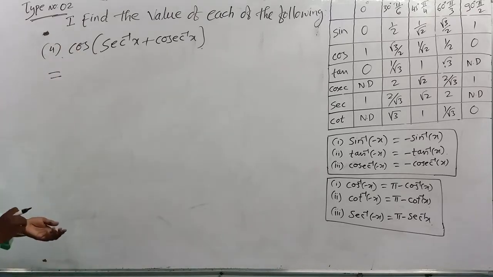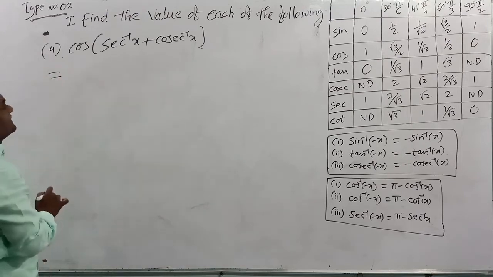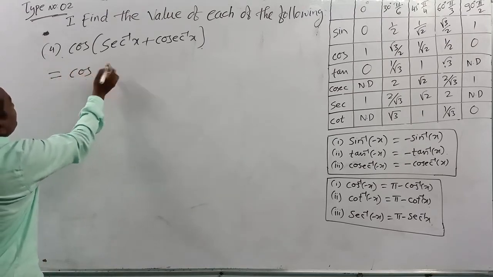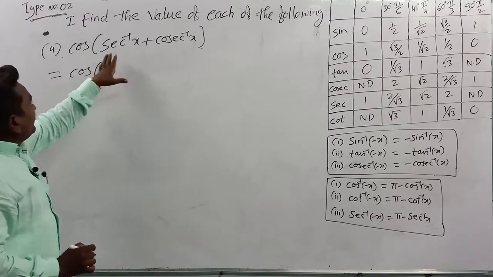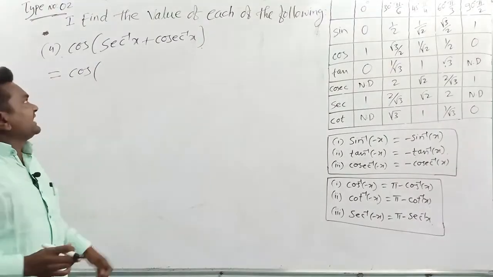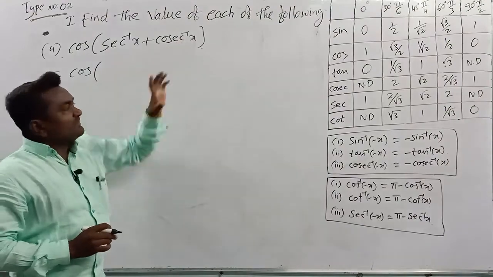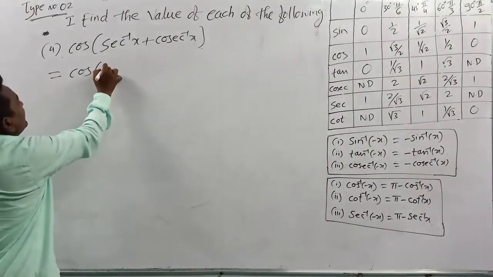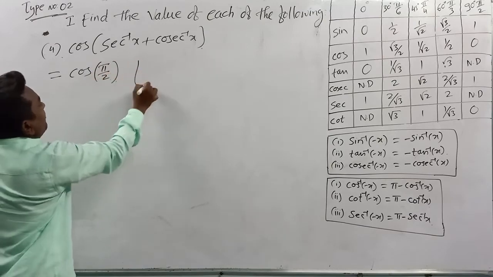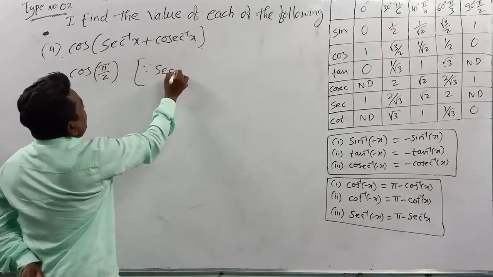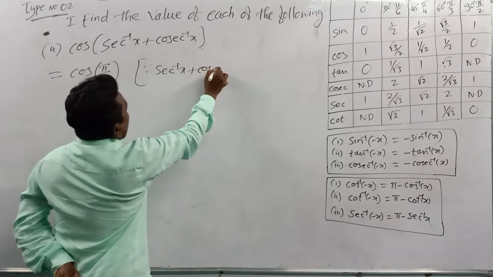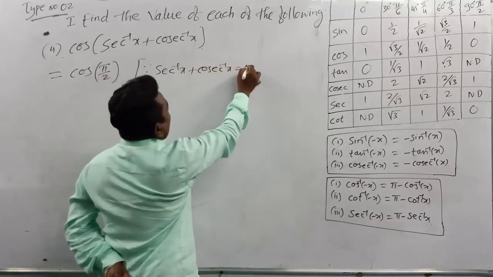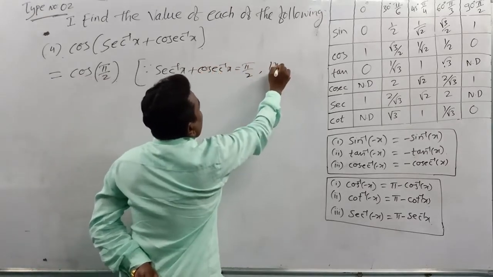So many times asked in the annual examination for 2 marks as well as 1 mark also. So cos, here we have to replace its value. Already the property is there. Sec inverse x plus cosec inverse x is equal to what? Pi by 2, because sec inverse x plus cosec inverse x is equal to pi by 2.